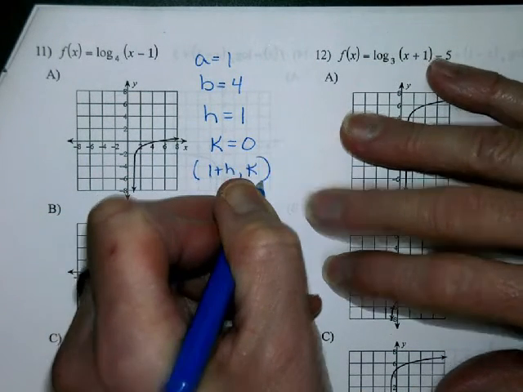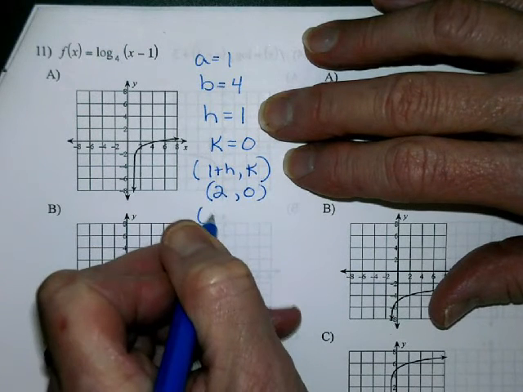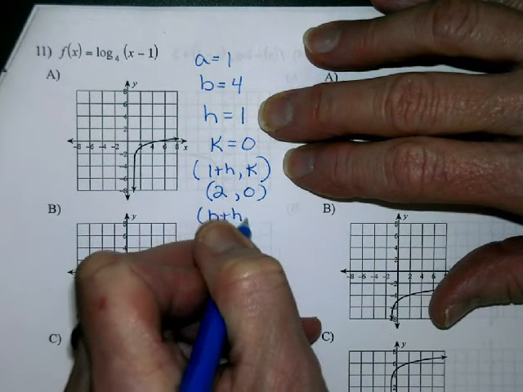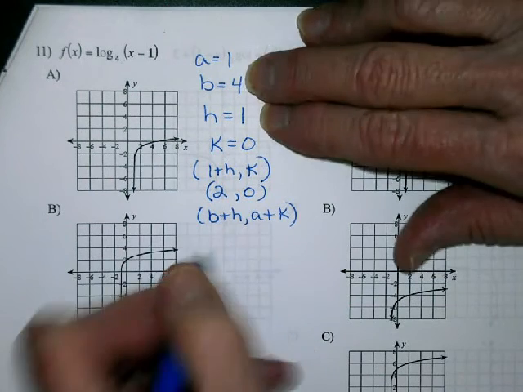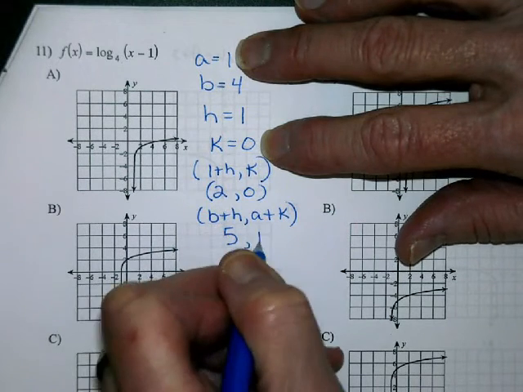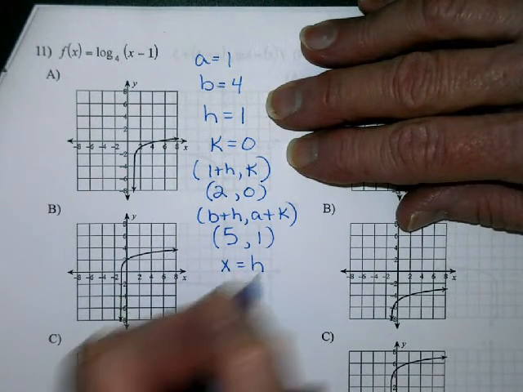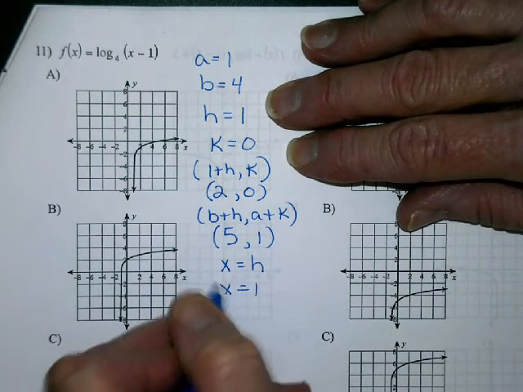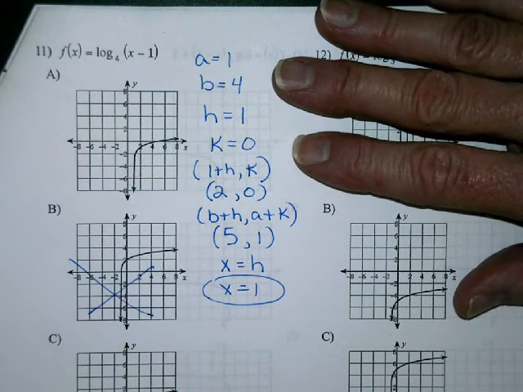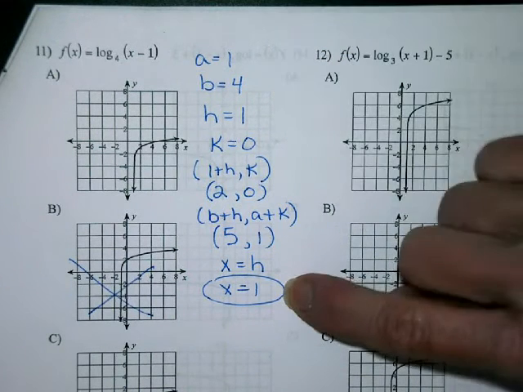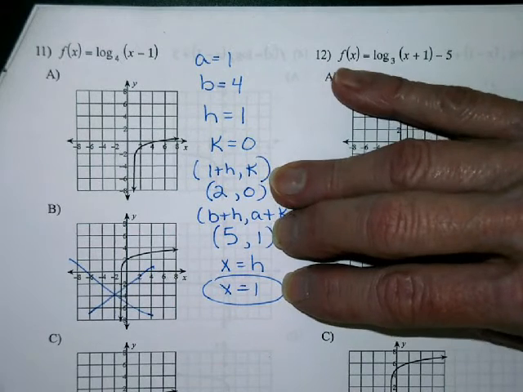Apply our reference points. So I'm looking for 2, 0. B plus H, A plus K. And then x equals H is x equals 1. So always get rid of the graphs that don't have the right asymptote.